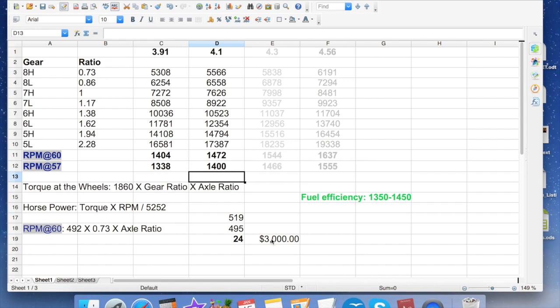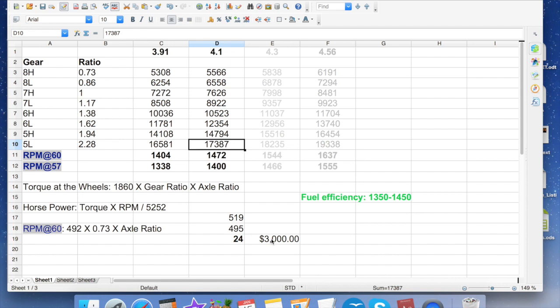So once again, what we learned is that changing the axle ratio from 3.91 to 4.10 at the cost of $3,000, I would still be climbing the hill in the same 5 low, like the same big hill in Pennsylvania I'm talking about, because there's not enough difference here.